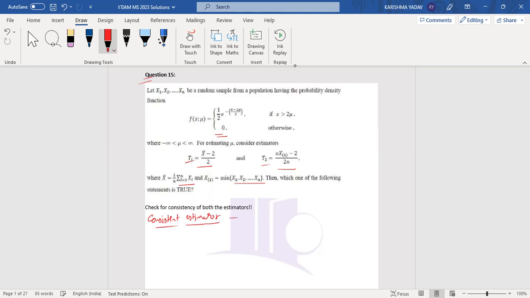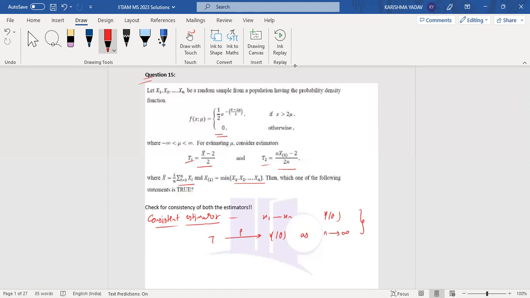An estimator, let's say T, based on a random sample x1, x2 to xn, is said to be consistent for gamma theta if T converges with probability P to gamma theta as n tends to infinity. That's what we have studied for the consistent estimator. We will apply this concept in this question.